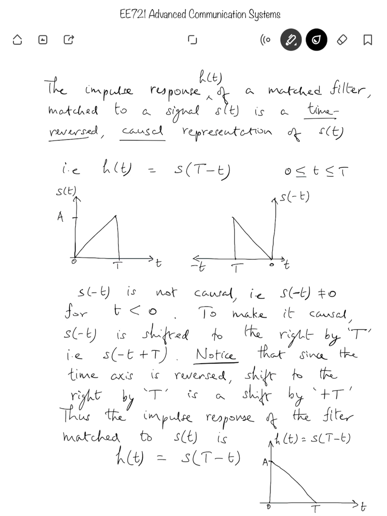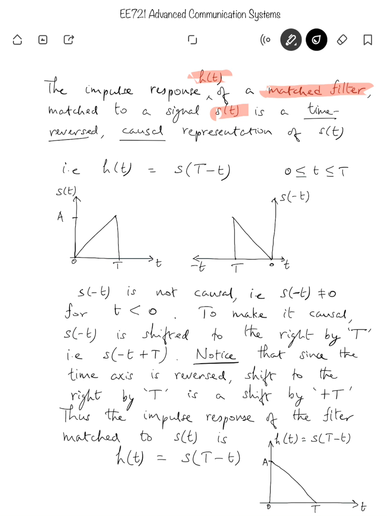Now for a matched filter, as the name suggests, the impulse response is matched to the signal of interest, to the signal that we are trying to receive. So in this case, the signal that we are trying to receive is the transmitted signal, which we will call S of t, and the matched filter's impulse response is matched to the transmitted signal S of t.